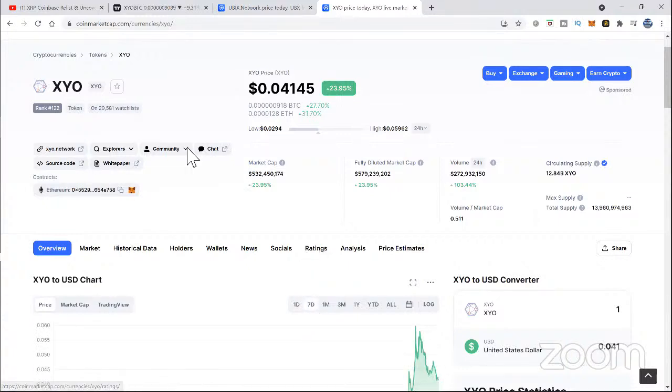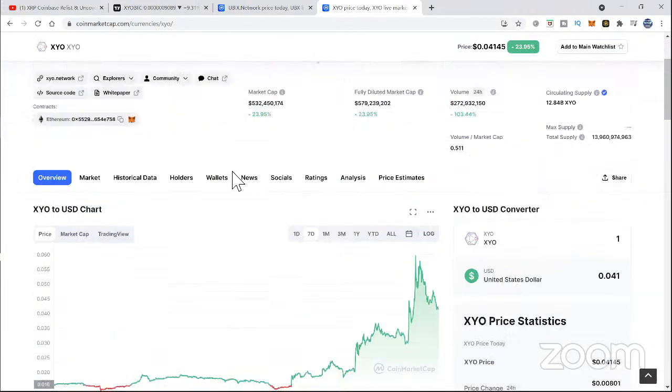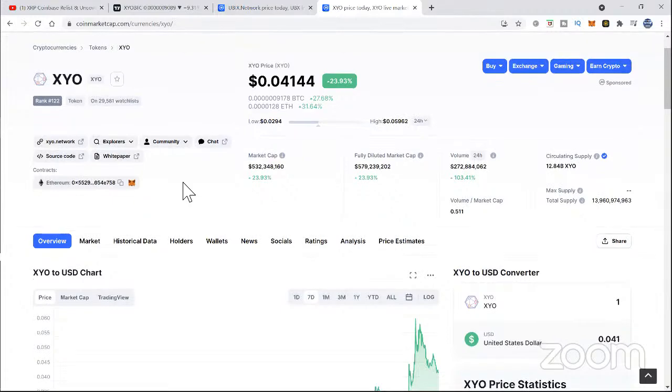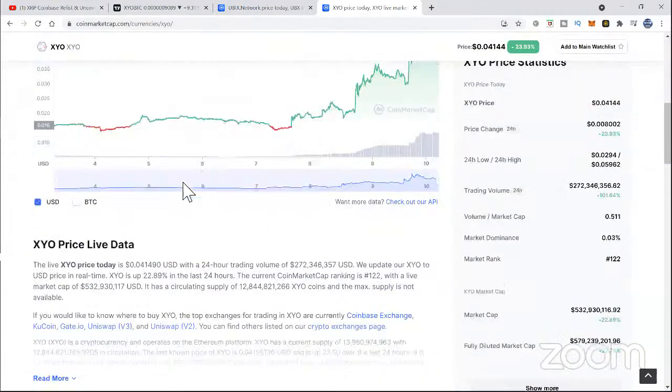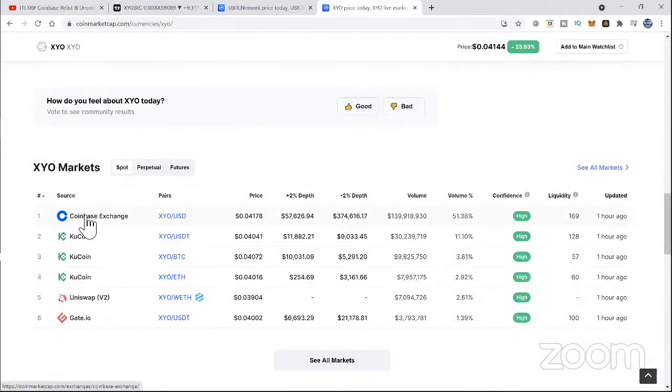And that is because, as well, it got listed on Coinbase. Let's see if we can see it down here on where to buy. Boom, right there, guys. Bam.